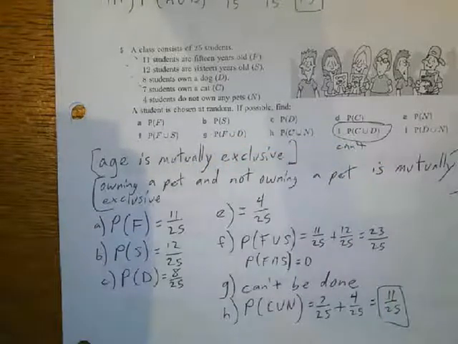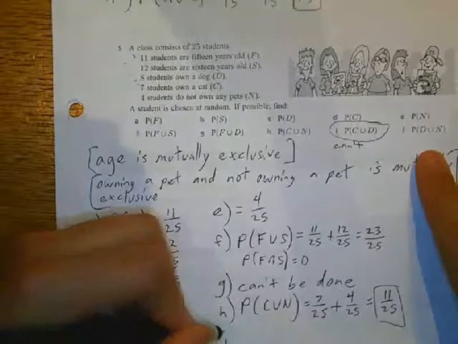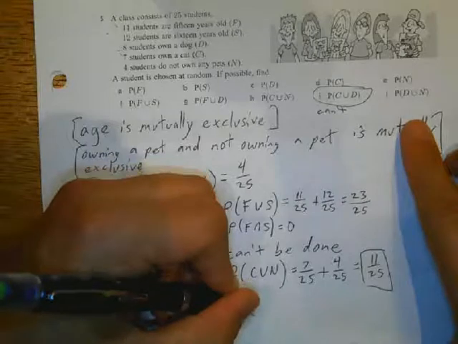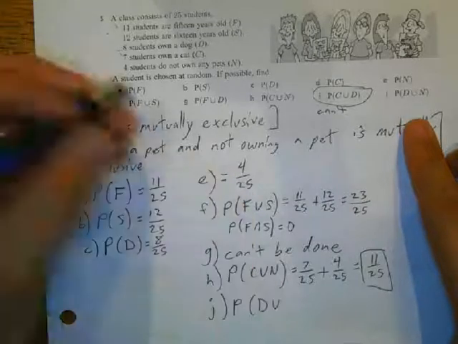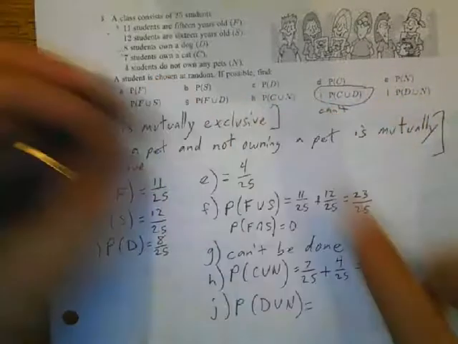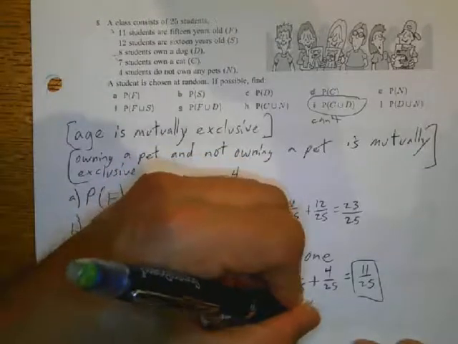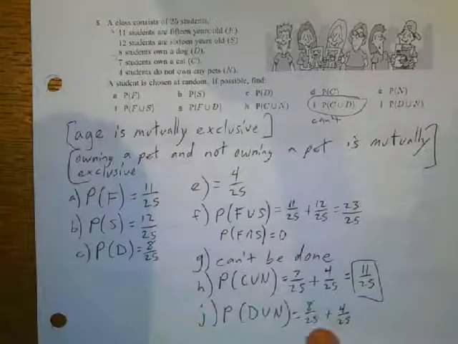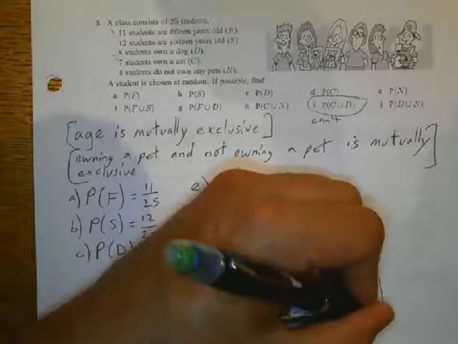Okay, last one, J. The probability of owning a dog or not having a pet. So owning a dog is 8 out of 25 plus 4 out of 25. This is owning a dog. This is not owning a pet. And that's going to give me 12 out of 25.